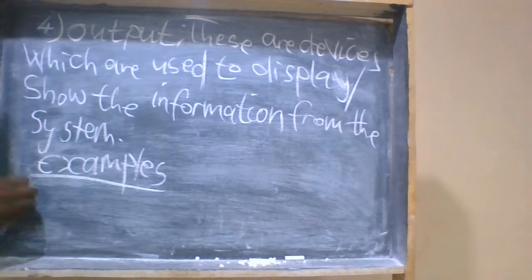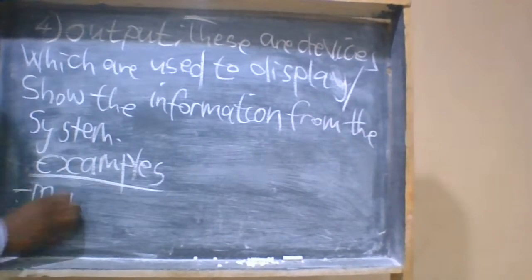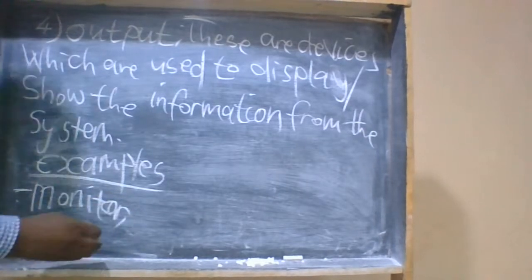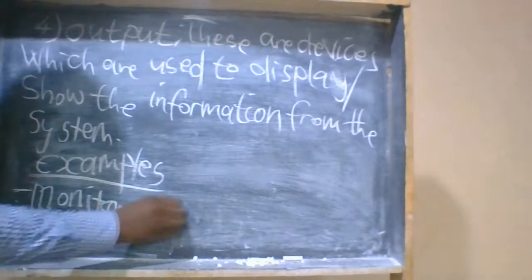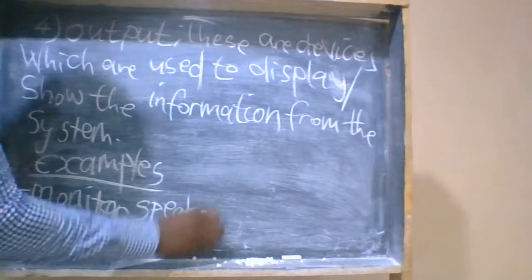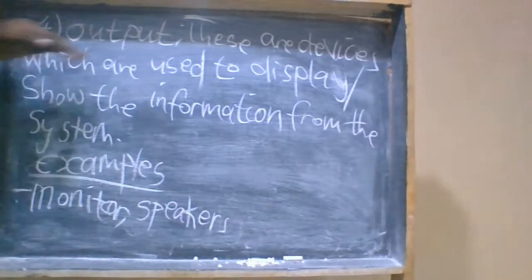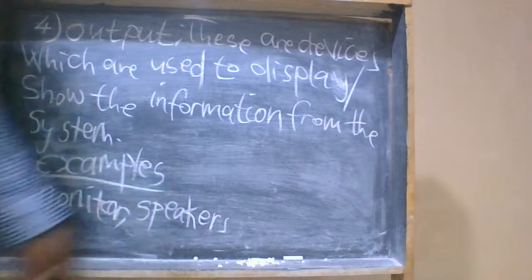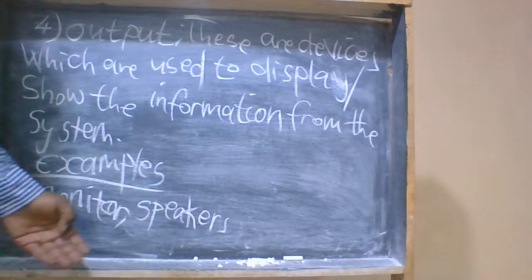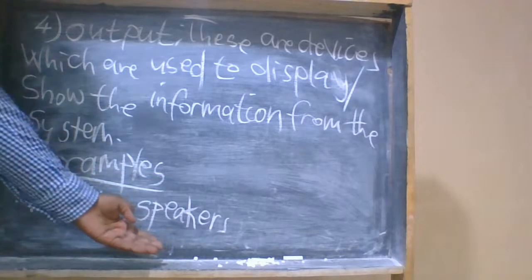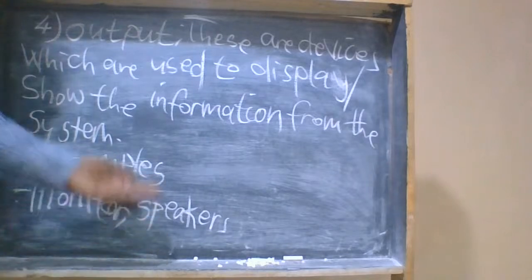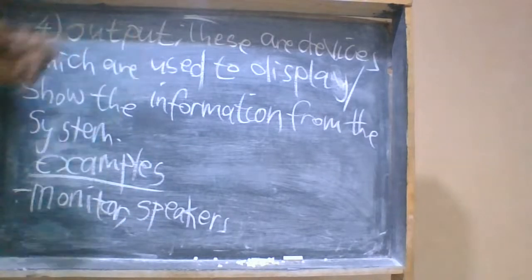Okay, the speakers also are output devices in the way that the sound which is being produced from the speakers is a soft copy sound. Hence, speakers are one of the examples of output devices.